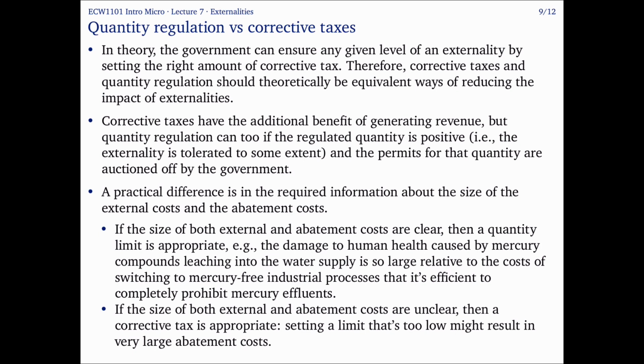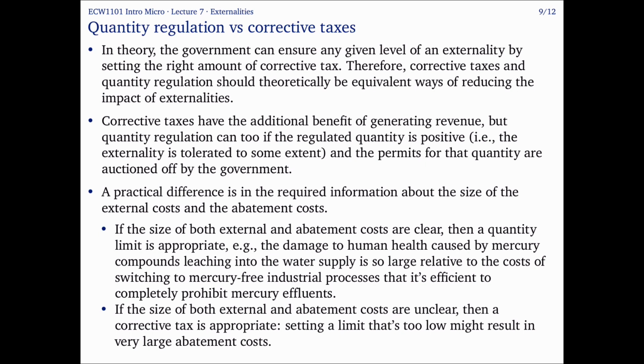If the damage done by the negative externality and the cost of reducing this negative externality are very clear, then quantity regulation is efficient, is appropriate, right? Suppose you know that this is the limit that we need, because if we go over this, then it's going to be terrible, and we know it's going to be terrible. And the government also knows that it's not so costly to reduce it up to that limit.